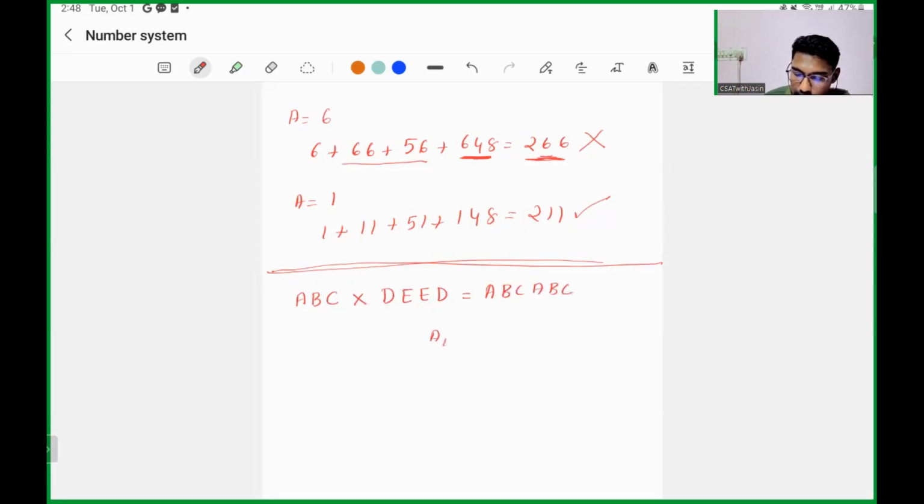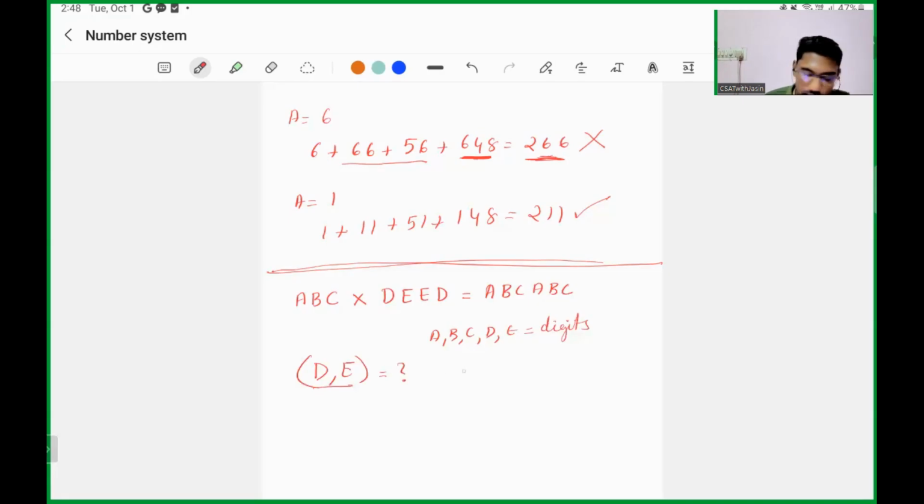Here A, B, C, D and E are digits. Then you need to find what D and E are. What is D comma E? That you need to find out.